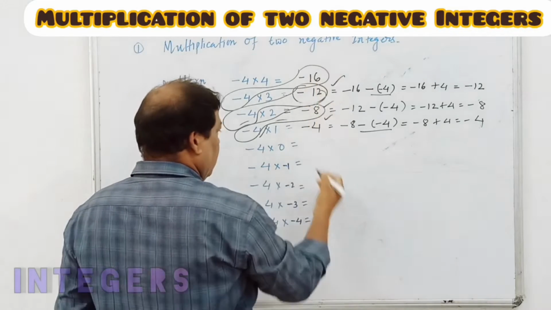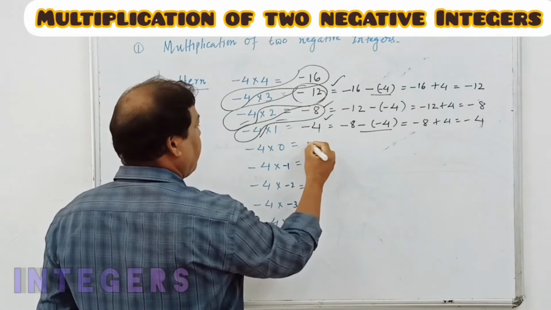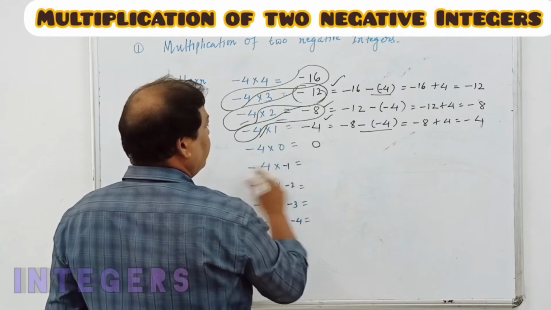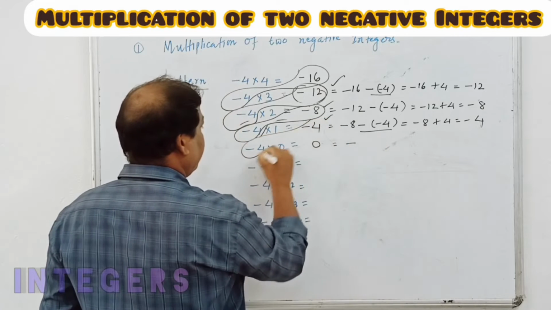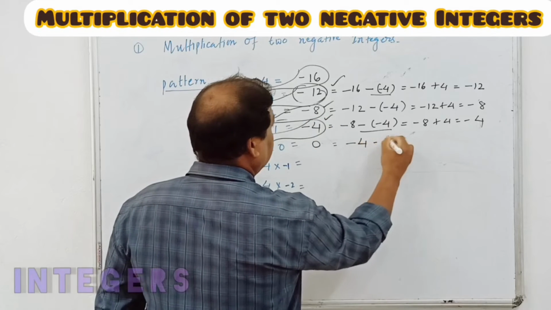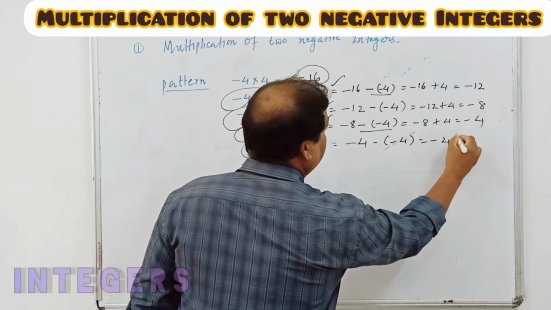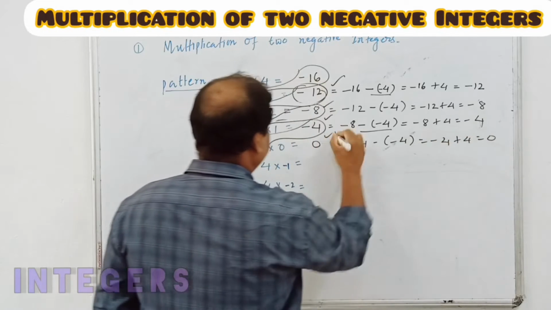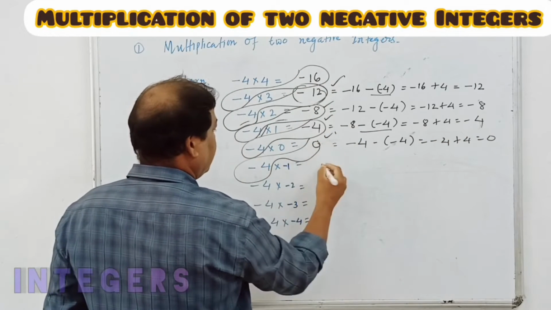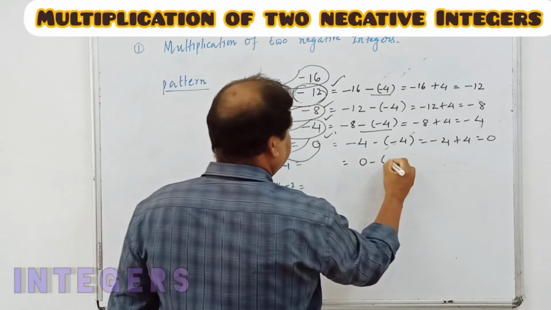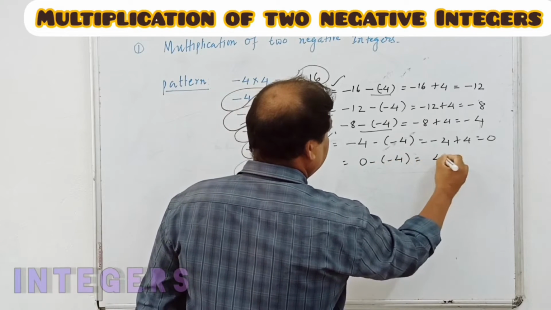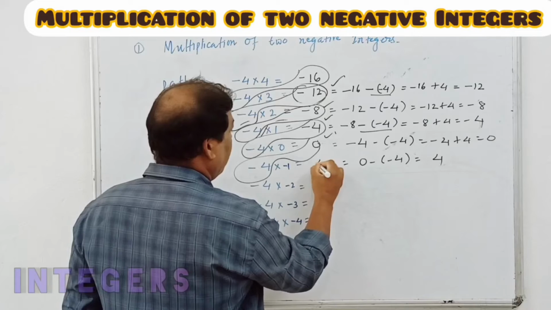Now you can do it the same way. Minus 4 times 0 is 0, since minus 4 plus 4 gives 0. Then you subtract minus 4 from this 0, so here it is 4.